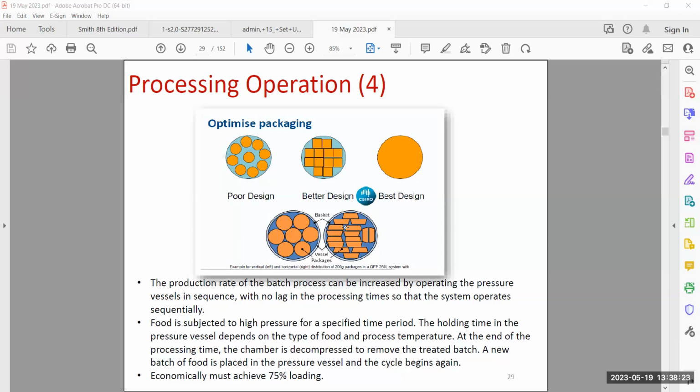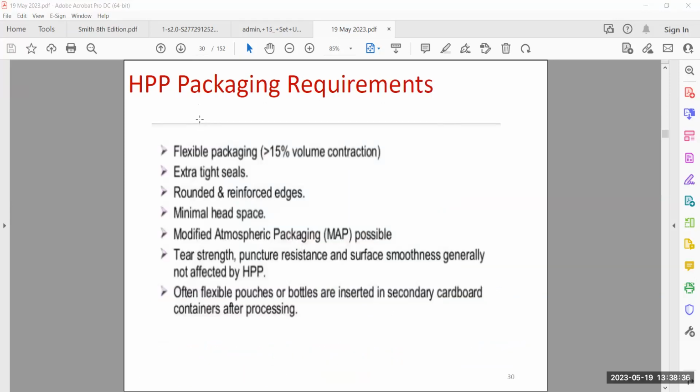So usually we recommend something that is very flexible. Okay, so economically it must achieve 75% loading for it to have a very good ROI, return on investment. So the HPP packaging requirement is a flexible packaging, with a 15% contraction, extra tight seal. You don't want any water to go inside your food product.